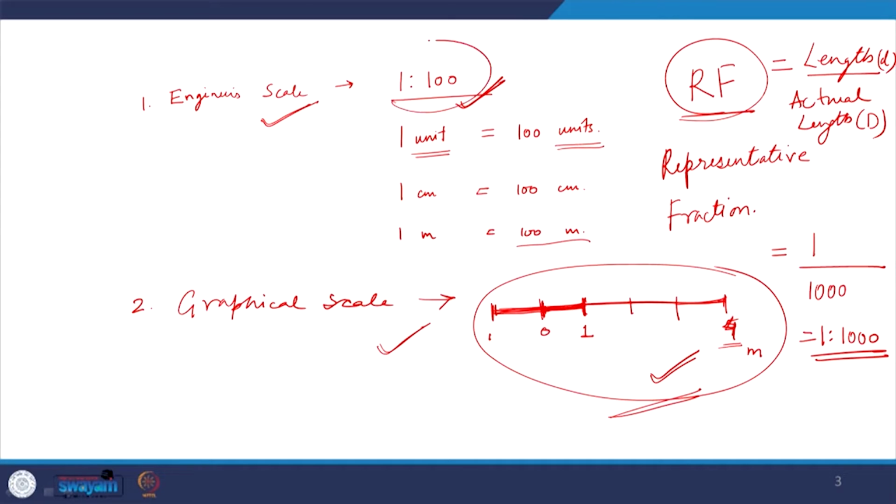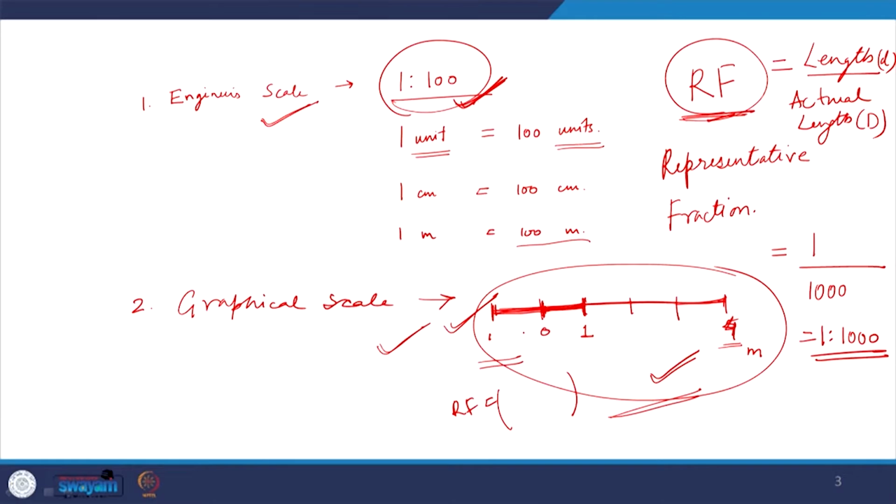So, this is the way of representing this RF. This engineer scale is a way of representing this representative fraction, which is say 1:100 here, and the RF here would be determined, and it would just be represented as a graphical scale here. That is what the purpose is.